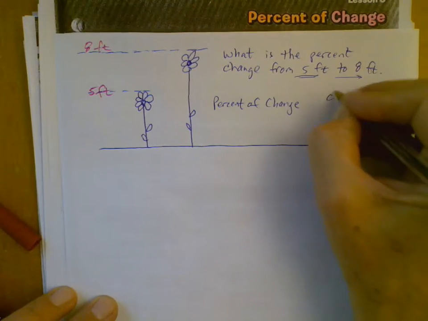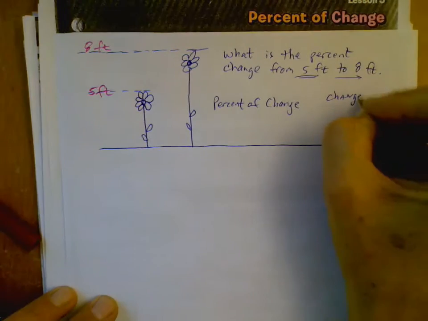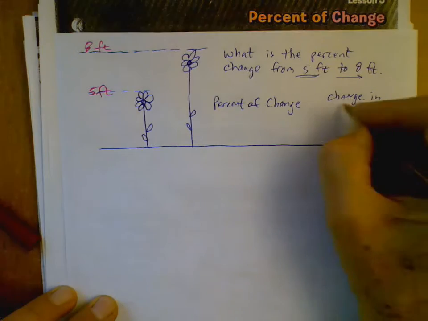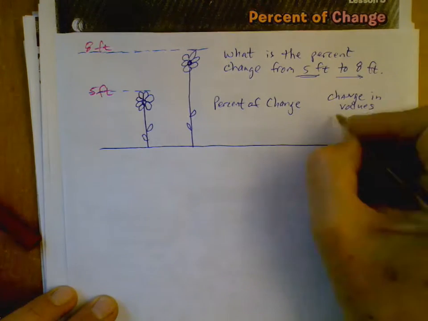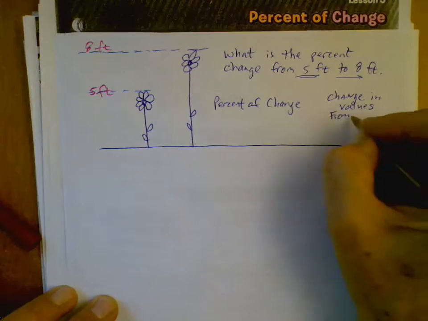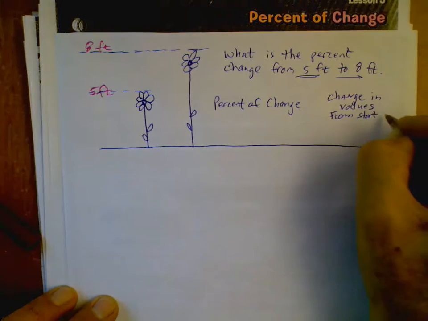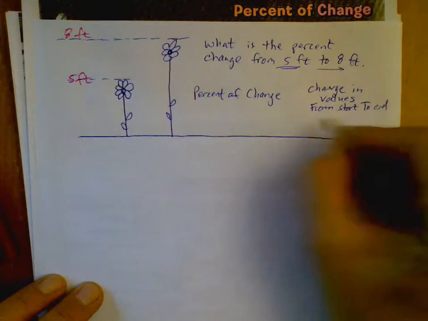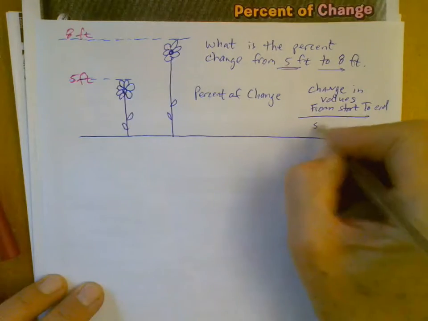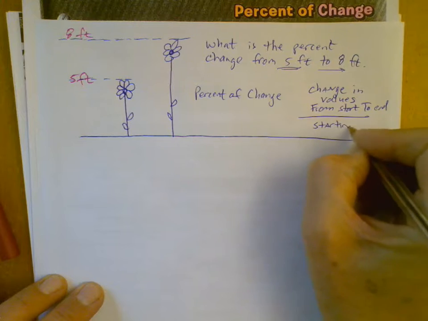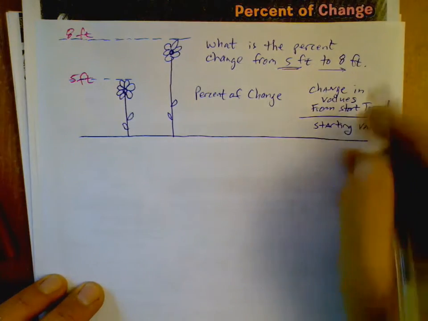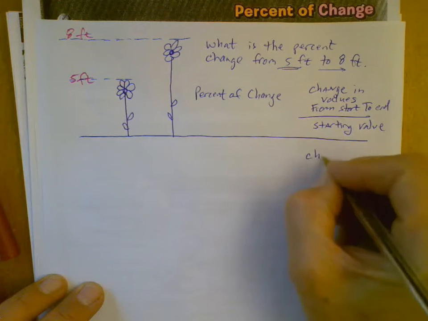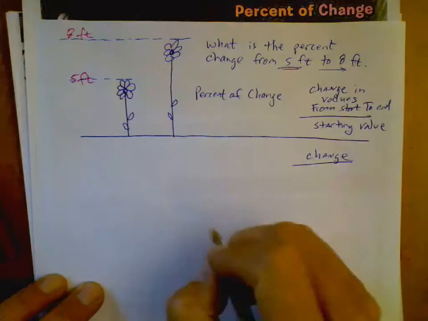It is the change in values from the start to the end over the starting value. That's a little wordier than I wrote in class. In class we wrote it this way: it's the change over the starting value.